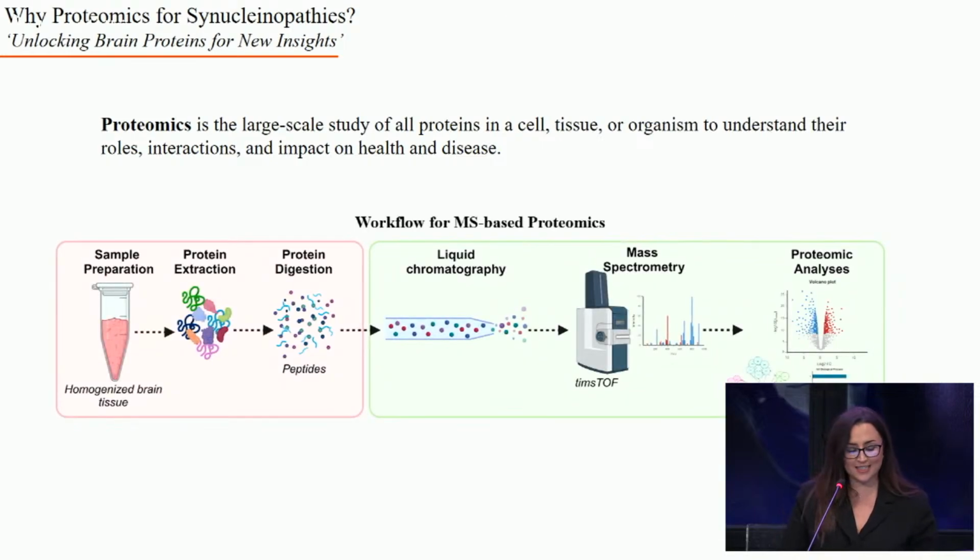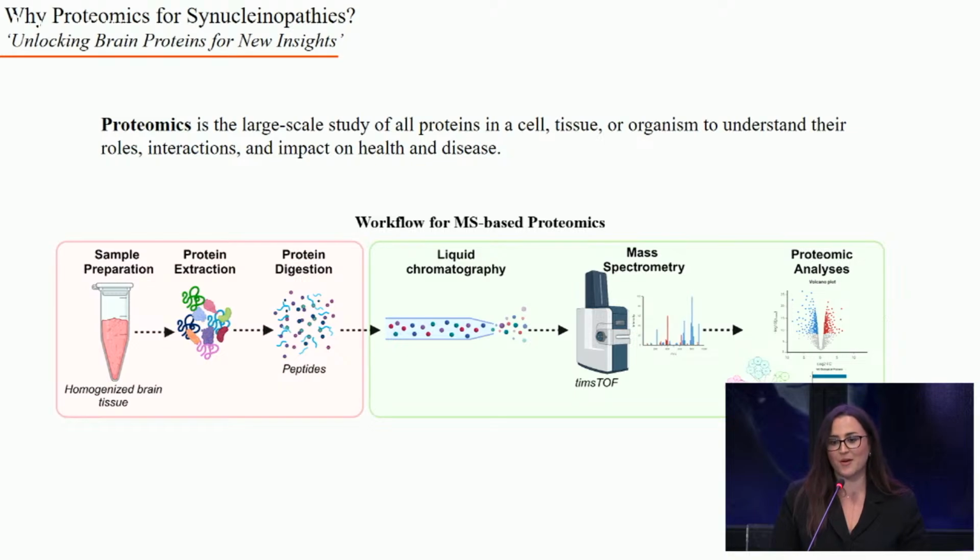So I show here a simplified workflow for mass spectrometry-based proteomics. So if I have a sample of Parkinson's disease human brain tissue, the first thing I would do is extract the proteins. I would digest them or break them up into smaller fragments called peptides, and using liquid chromatography, run them on instruments known as mass spectrometers.